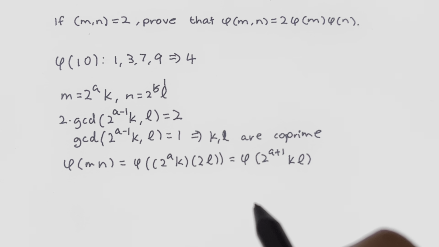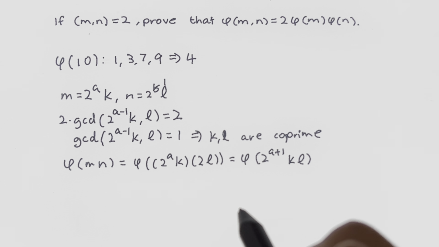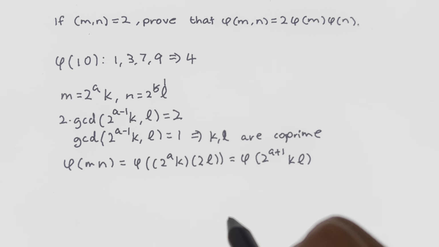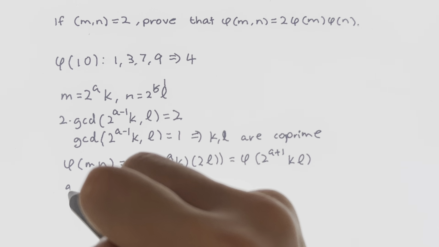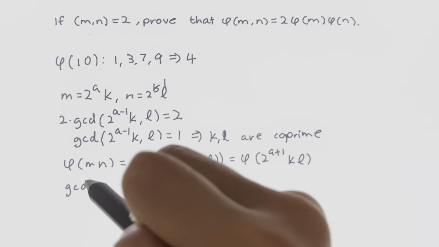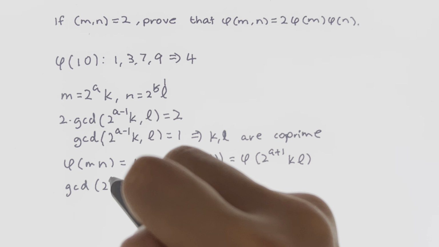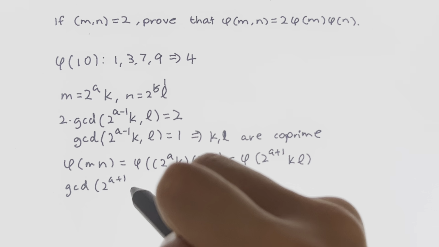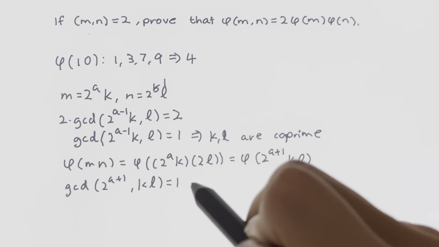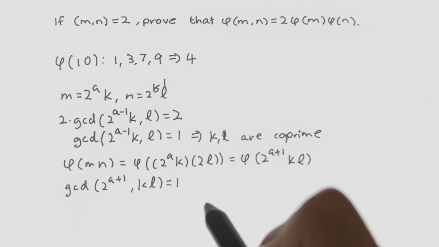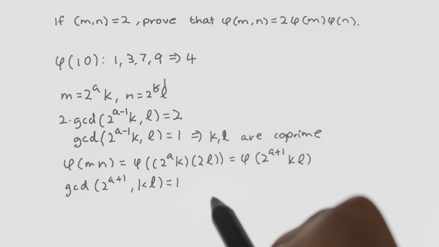Since 2 to the power of a plus 1 is a power of 2, and kl is odd because k and l are odd, we have the GCD of 2 to the power of a plus 1 and kl must equal 1.